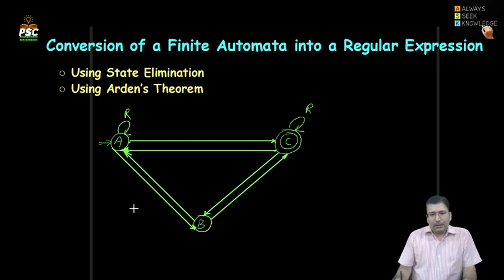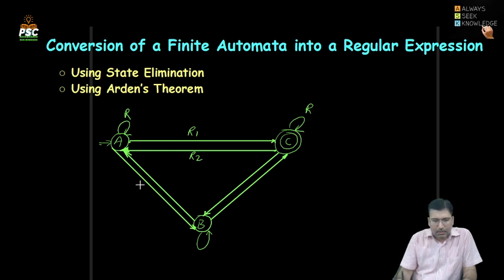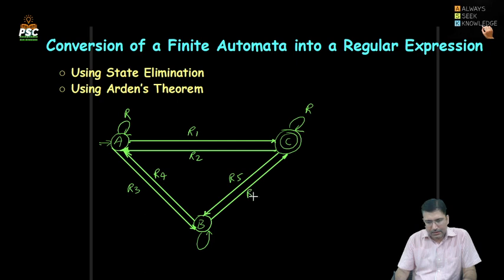Okay, and to make it more complex, we apply a loop on every state, right? So let's say path, I'm saying this is R1, and let's say you are reverting with R2, this is R3, R4, this is R5, R6, R7, R8, and R9.